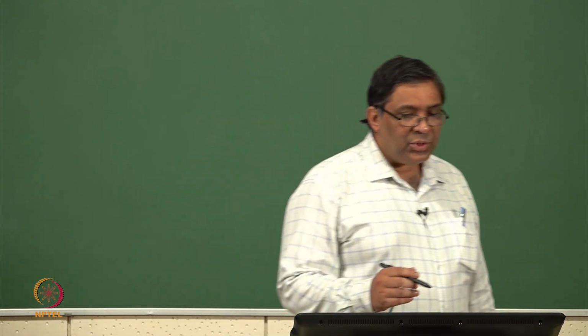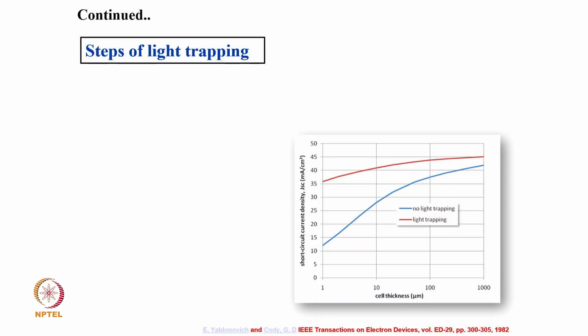Let me start with a situation. Say you have a solar cell, and light is falling on this, and this is your front surface, and this is the rear surface or the back surface.